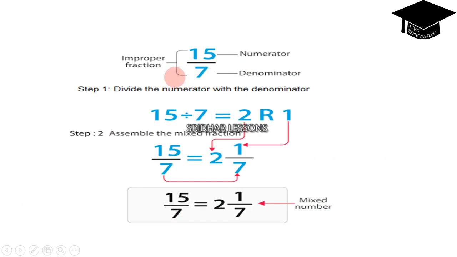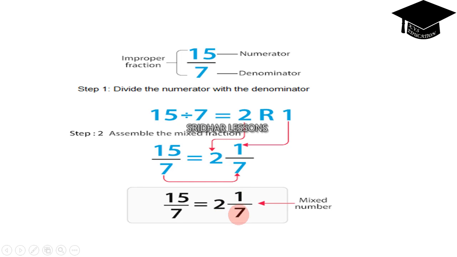See the improper fraction here. Numerator is 15 and denominator is 7. If we convert this one, 15 divided by 7, this is 2 and remainder 1. So we can write this as 2 1 by 7.